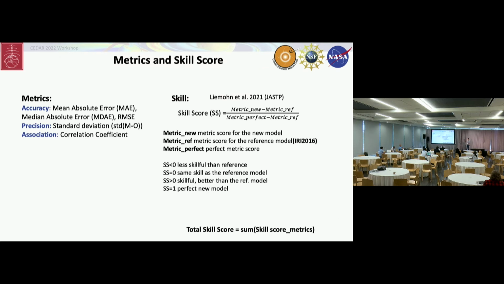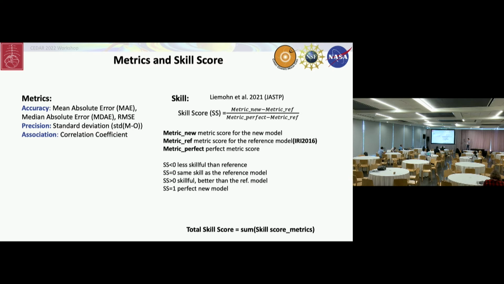So here are the metrics and the skill score we used to evaluate the model performance. There are three categories of metrics I use to validate the model. First, I evaluate the accuracy of the ionosphere models using the mean absolute error, median absolute error, and root mean square error.